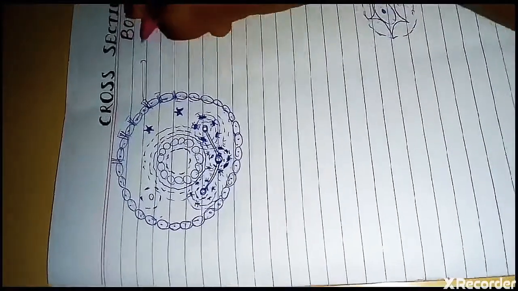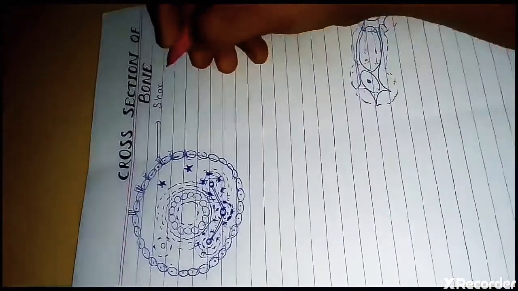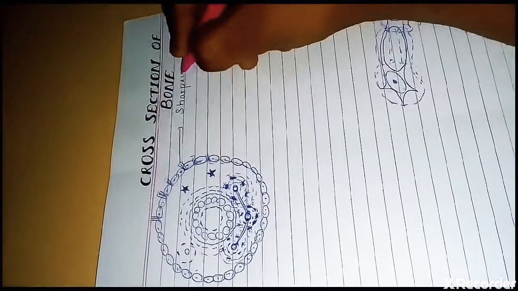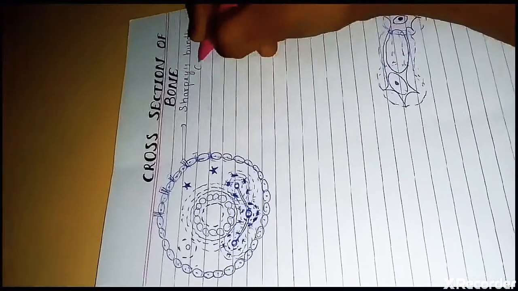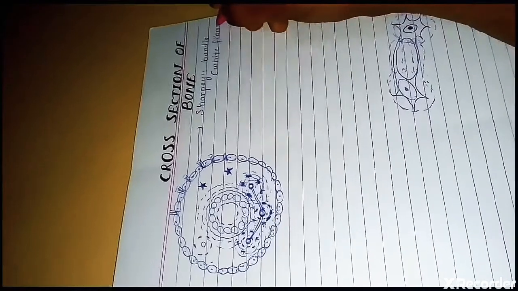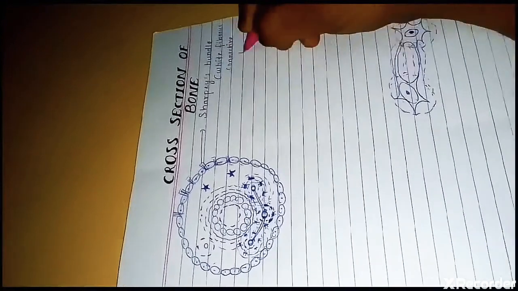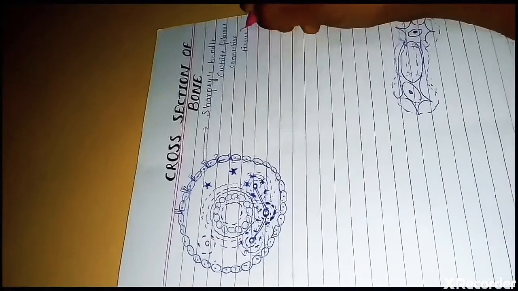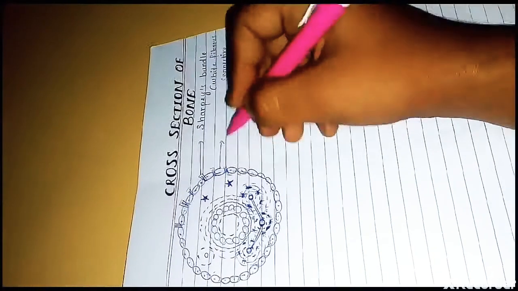Starting with this part, which is known as the surface bundle, which is made up of white fibrous connective tissue. This white fibrous connective tissue is made up of collagen fibers, white collagen fibers.